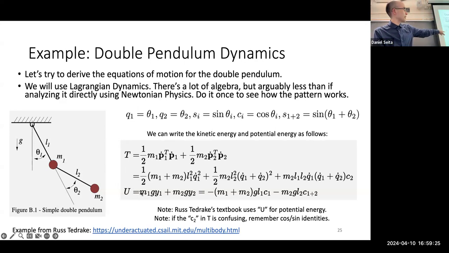And potential energy is your standard: mass times gravity constant, like minus 9.8, times the height. And because we just have a 2D system, we're going to assume we can use y for the height.